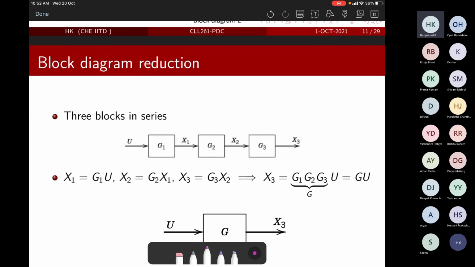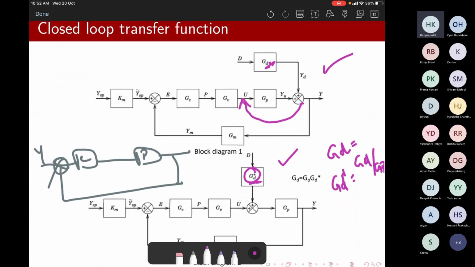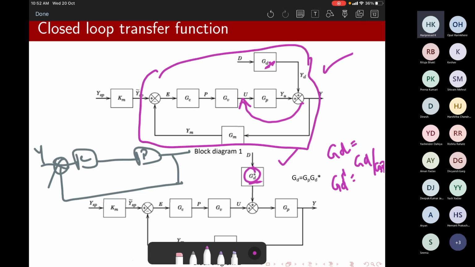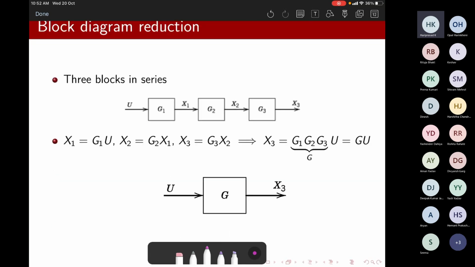Okay, so now coming to what? Can we do this reduction from end to end, and reduce it to a simple transfer function? Because there are many things, and it should have been easier if it was just a forward thing. Because we have learned this particular rule, right?